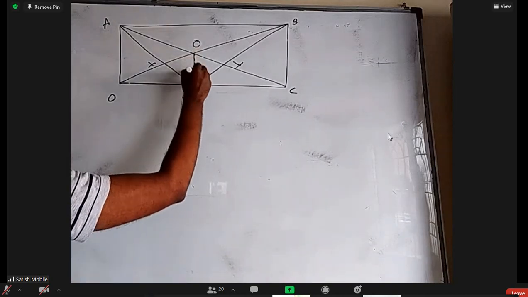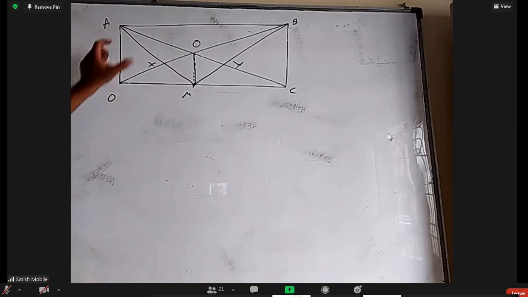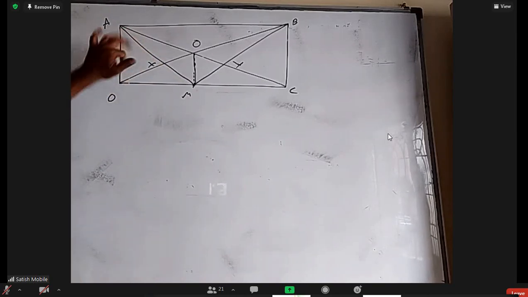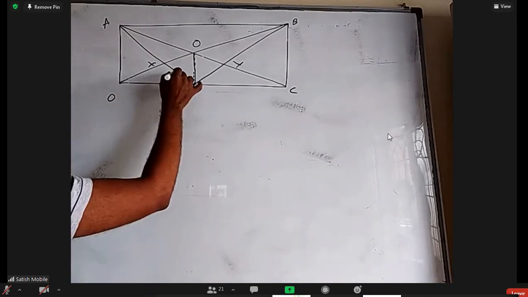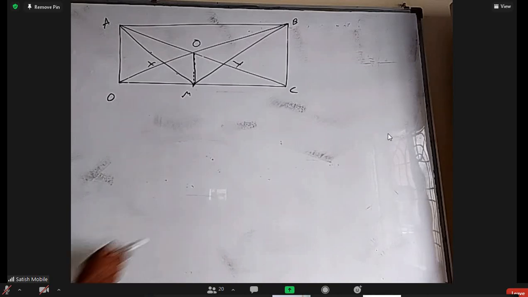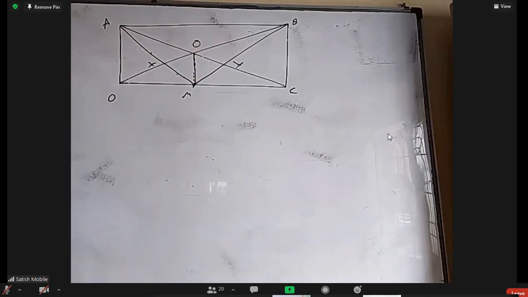If I take this, can I prove this is half of this? Then I have to prove this length is half of this, that it is 1:2. Can we prove it? Let me see if I can do it by coordinate geometry a little easier. Fine.